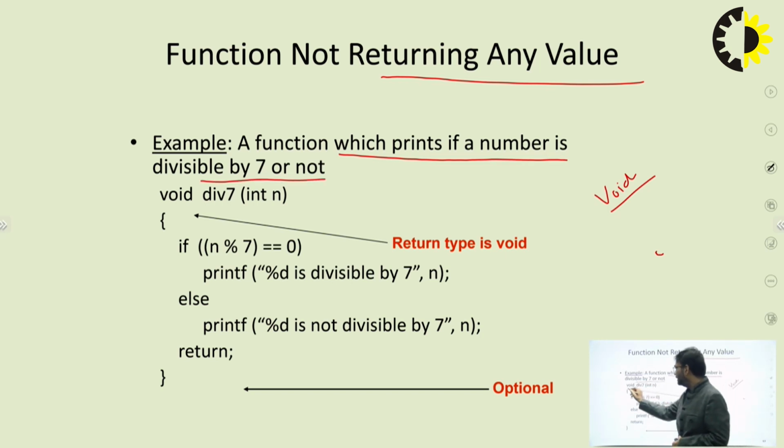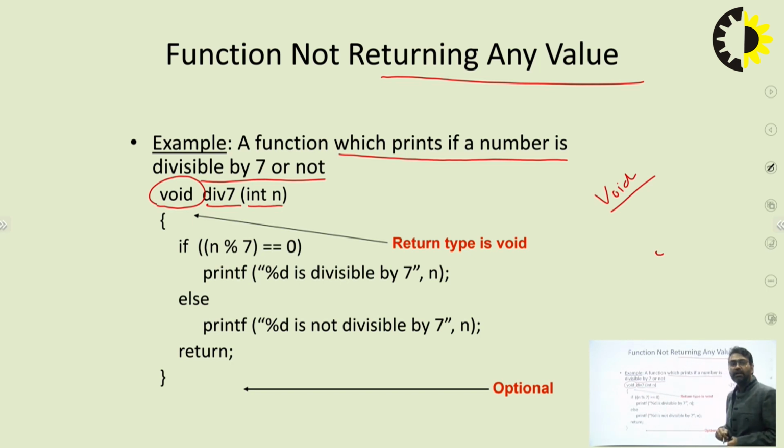Suppose the return type of the function is void, the name of the function is div7, and this is the formal parameter, that is int n. So this function will report if the number is divisible by 7 or not. In that case, we do not return anything. We are simply using return.